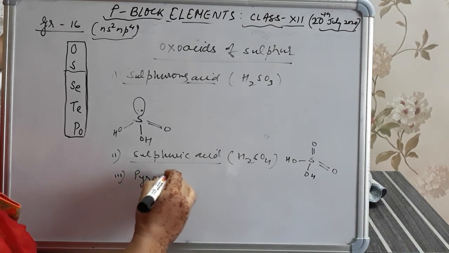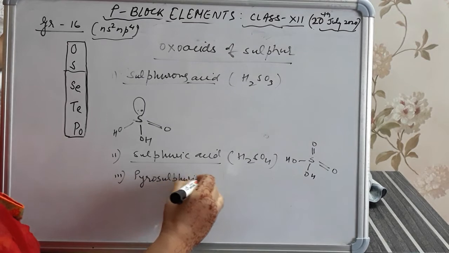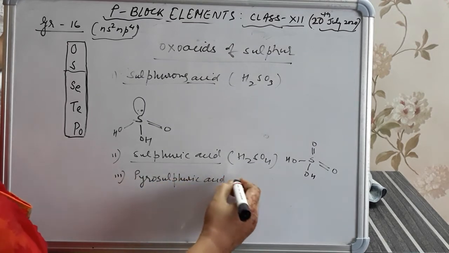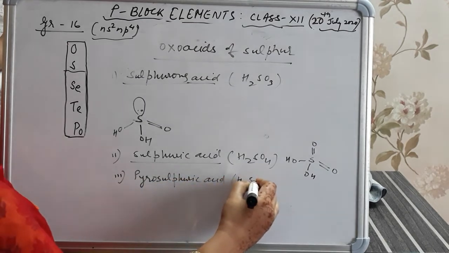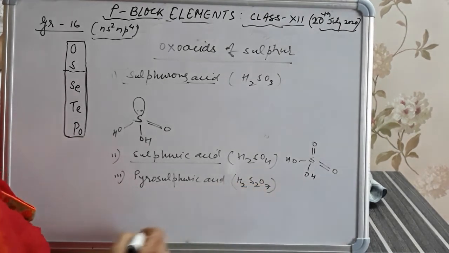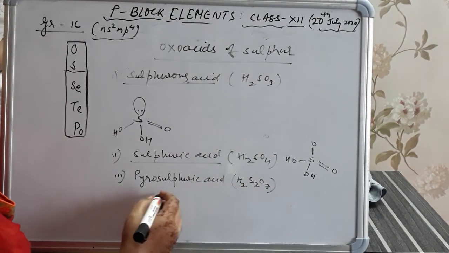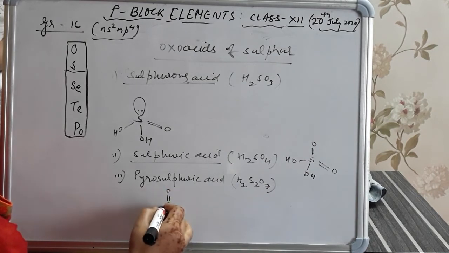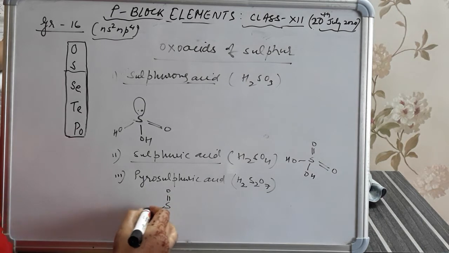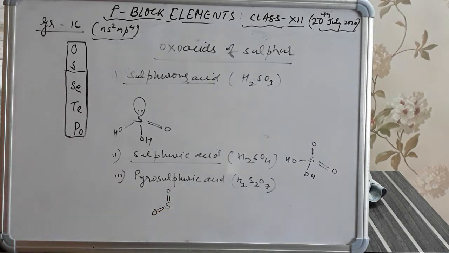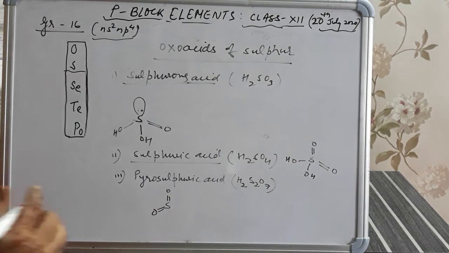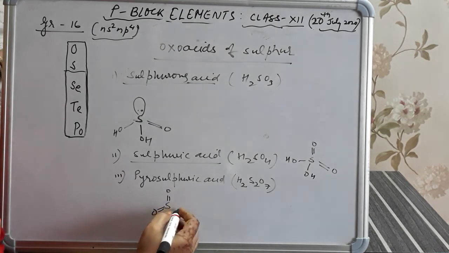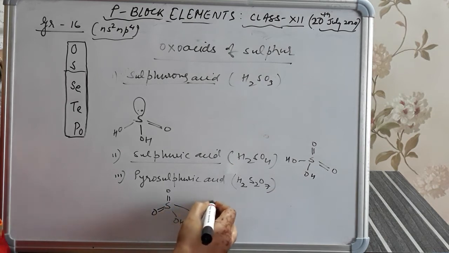Pyrosulfuric acid, and the formula will be H2S2O7. The structure of this pyrosulfuric acid is formed by the combination of two sulfuric acids: double bond oxygen, and here is OH, and one oxygen is connected to two sulfur atoms.